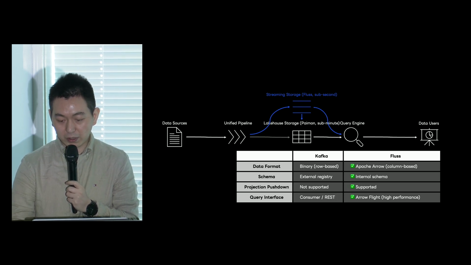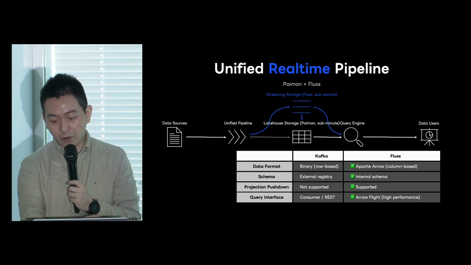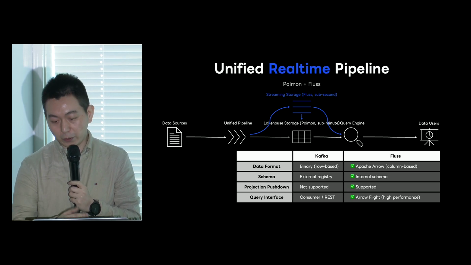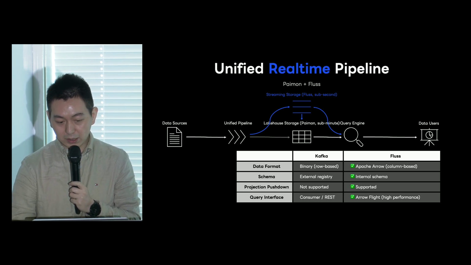So Fluss supports advanced query features like projection pushdown, which Kafka does not. In addition, Fluss uses Arrow Flight as a query interface, which has much higher performance than Kafka Consumer or REST API. Now, with Paimon and Fluss, we can call it unified real-time pipeline.